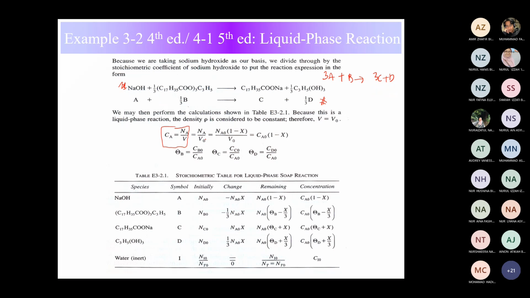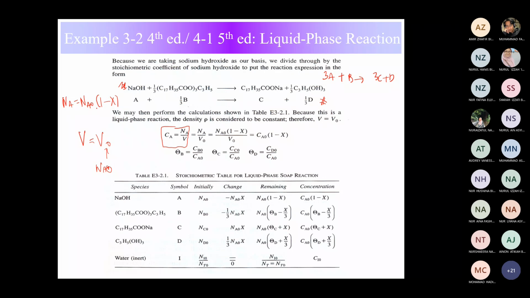Okay, why do we put naught here? Because we want to tally with the initial. Okay, because it will remain the same, V is equal to V naught. Okay, that's why we want to make it the initial one. Okay, because we want to tally with NA naught. Okay, the initial. Okay, so here, what is NA? Remember, NA is equal to NA naught (1 minus X).